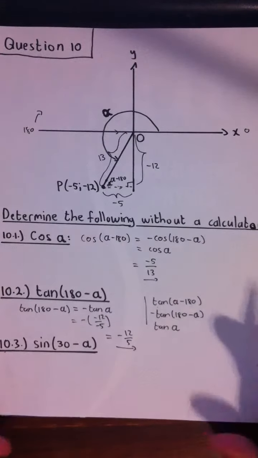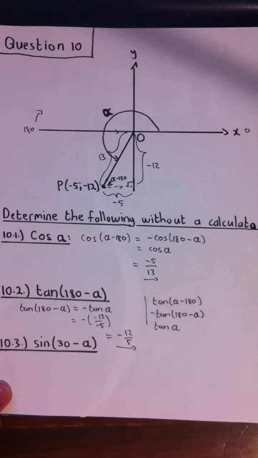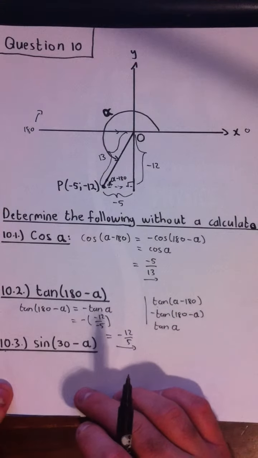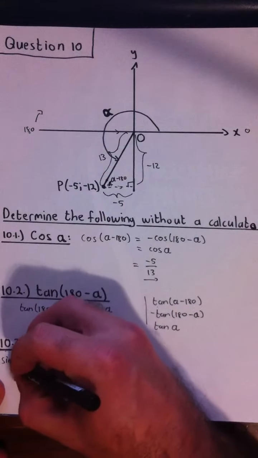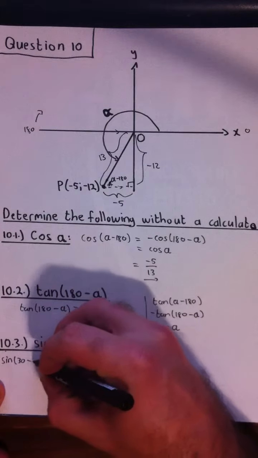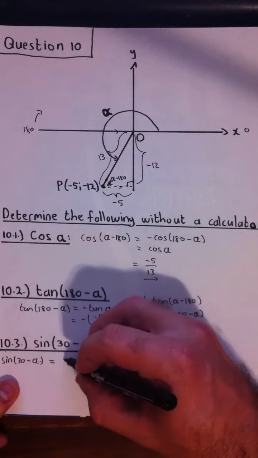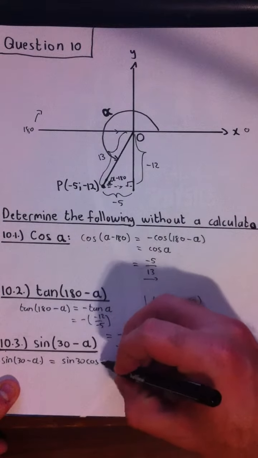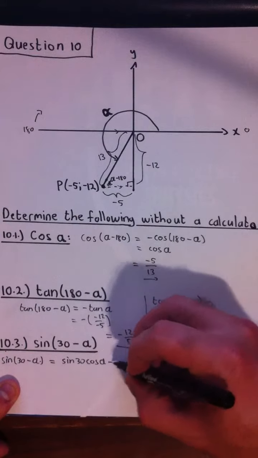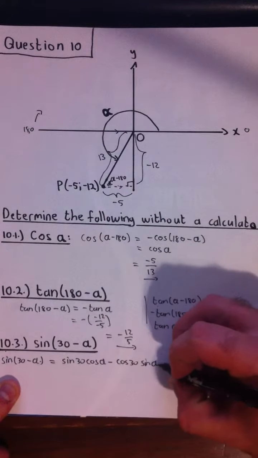Now the last question, sine of 30 minus alpha. Okay, now this one becomes a bit interesting, so we need to know this, that sine of 30 minus alpha is equal to the following. That's equal to sine of 30 cosine of alpha minus cosine of 30 sine of alpha.